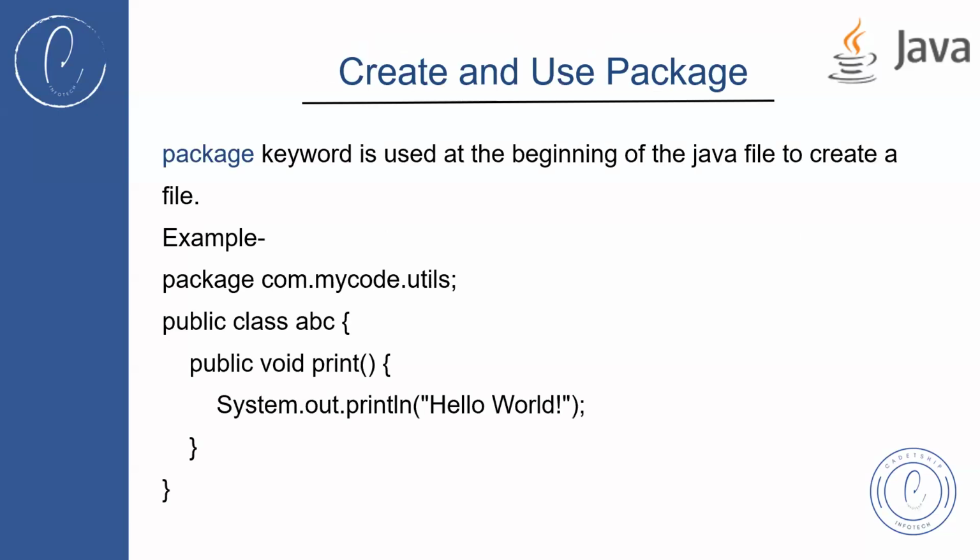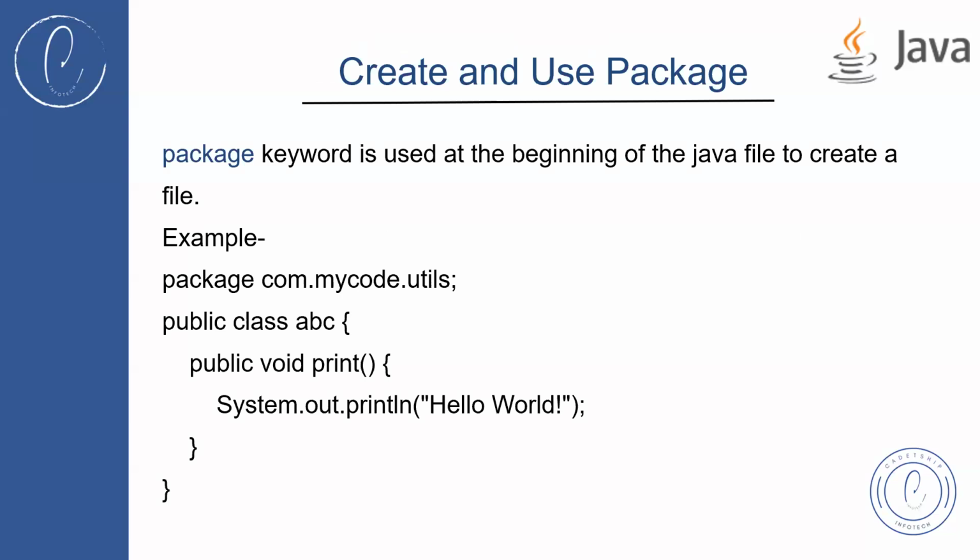So how do we create and use a package? The package keyword is used at the beginning of the Java file to create a package. Whenever we need to create a package, we just write, as you can see in the example, the package keyword and then we mention our package name.